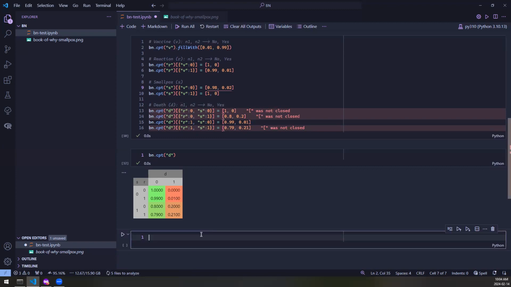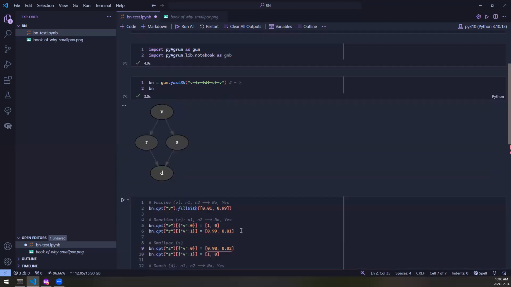So how can we see the Bayesian network? Because we saw the graph, we can see individual CPTs one by one by using the bn.cpt and specify the variable. But is it possible to show everything together? Yes, it is. PyAgrum has the method show inference from GNB.